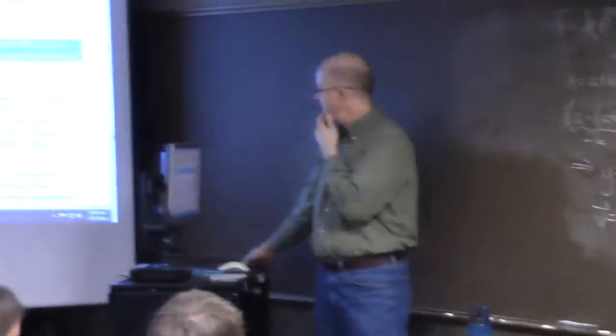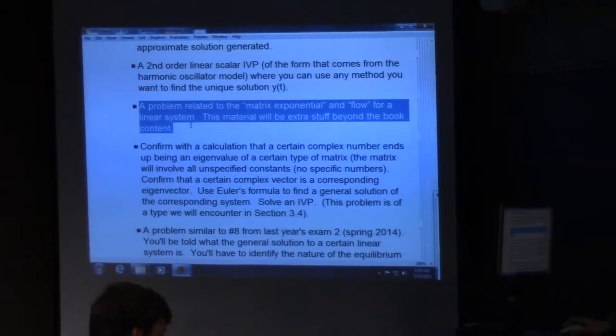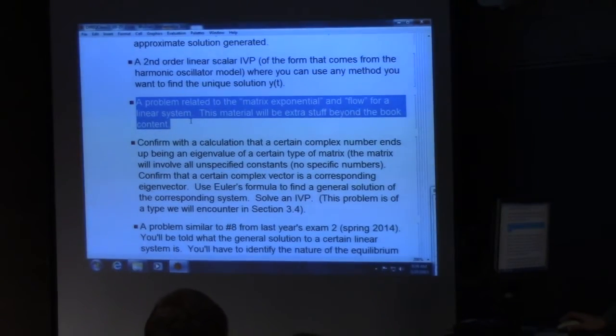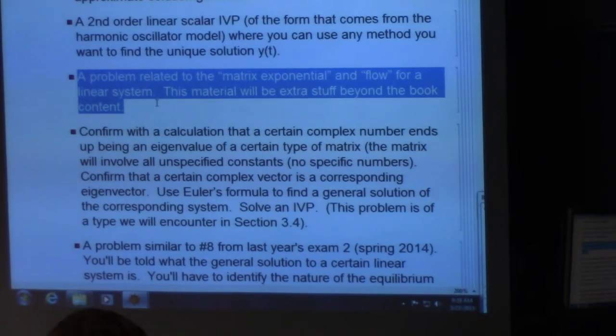All right, third thing to go over today is more with the matrix exponential and flows. These are going to be our three main things today, I think, in reviewing. The other things I think I feel more comfortable with you reviewing on your own.